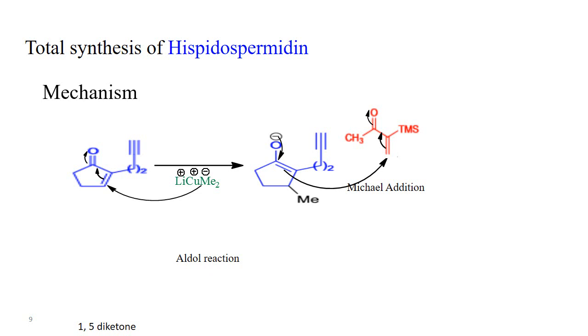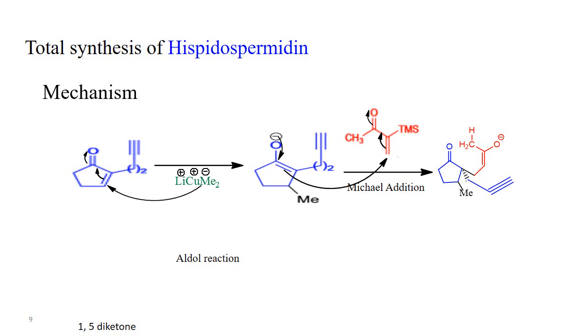This 1,5-diketone product passes through an aldol reaction and gives us beta hydroxy cyclic ketone, and that beta hydroxy cyclic ketone upon dehydration gives us the product of the Robinson annulation reaction.